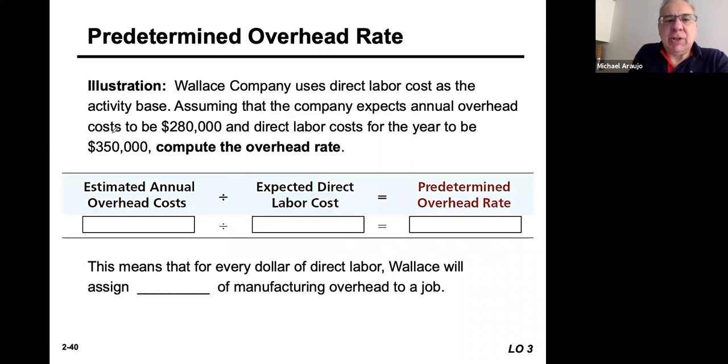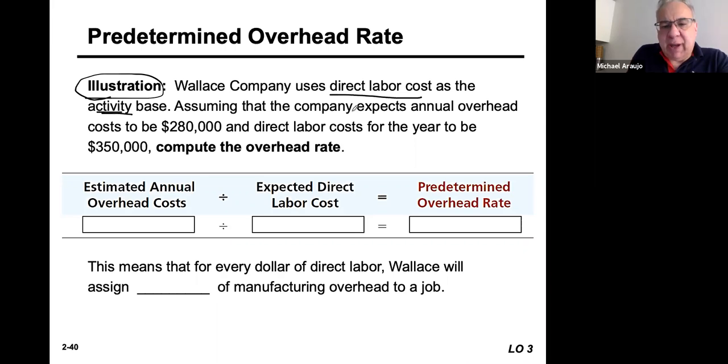Okay, so here is where we need to start paying attention for our reference on how to do this. And this, by the way, is on page 58 in your book, if you have your book with you. So Wallace Company uses direct labor cost as their activity base.